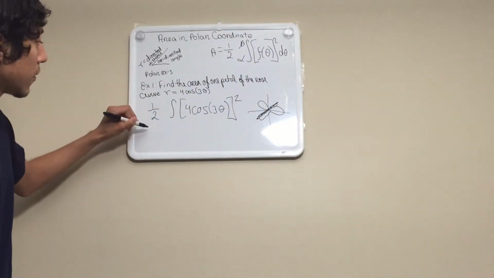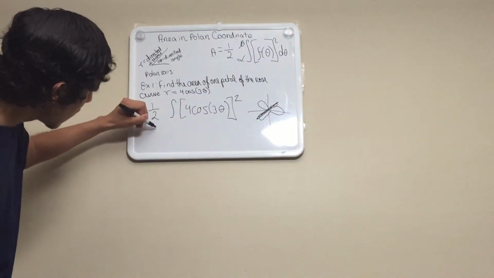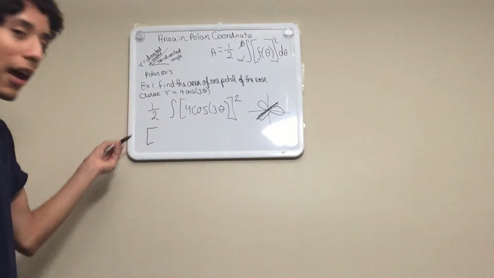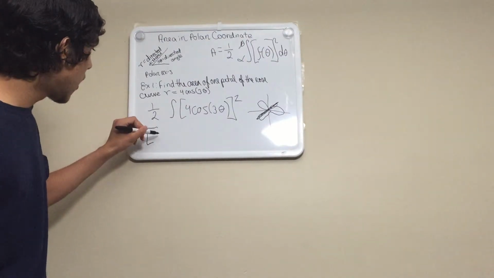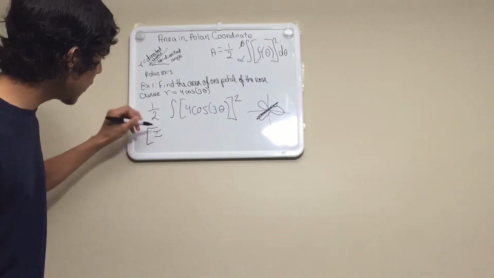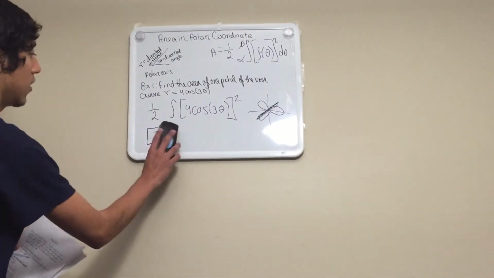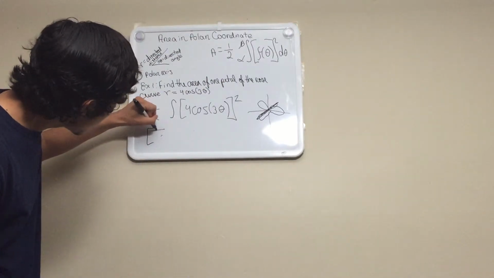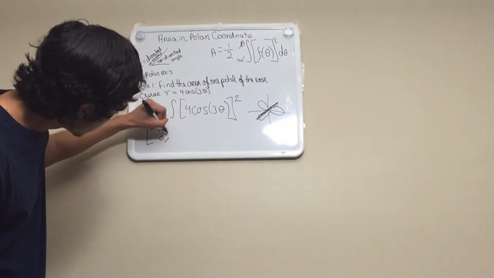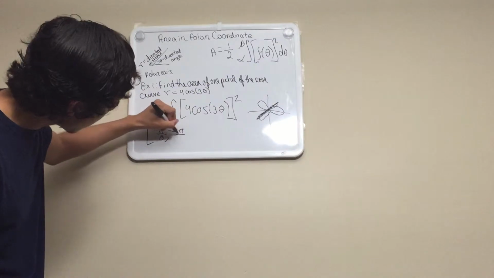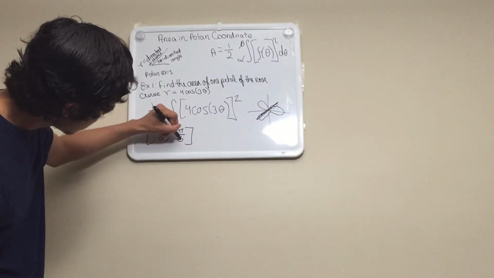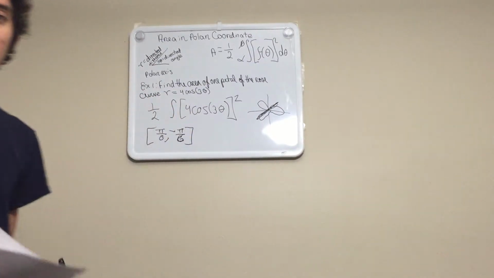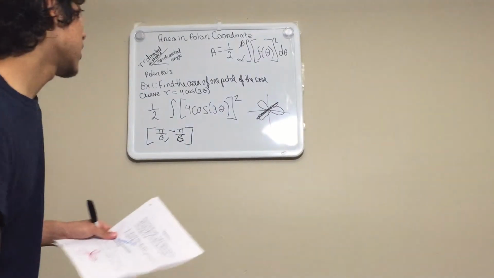So we know that alpha and beta give the interval pi over 6 to negative pi over 6. Okay, now we're going to start solving it.